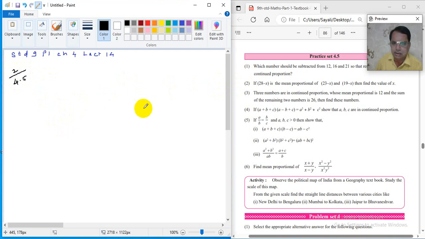See what it is. They have given that 28 minus x is the mean proportional of 23 minus x and 19 minus x, then find the value of x.